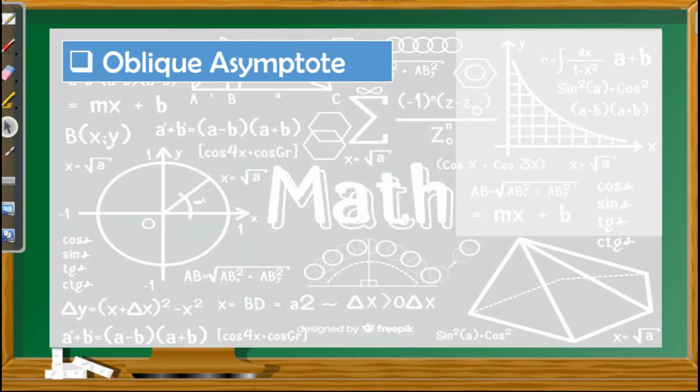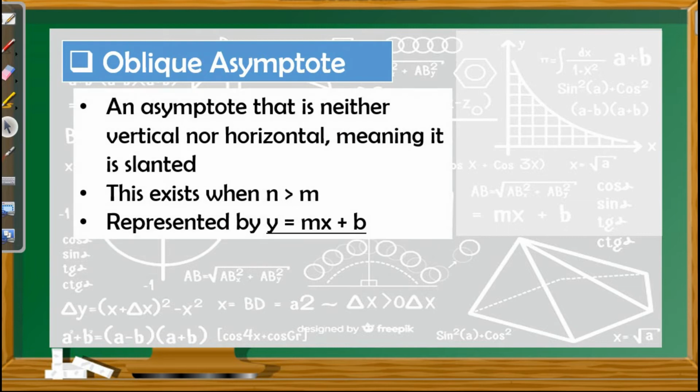The next kind of asymptote is the oblique asymptote. It is an asymptote that is neither vertical nor horizontal, meaning it is slanted. This exists when the degree of n is greater than m, meaning there is no horizontal asymptote. And the oblique asymptote is represented by y equals mx plus b.